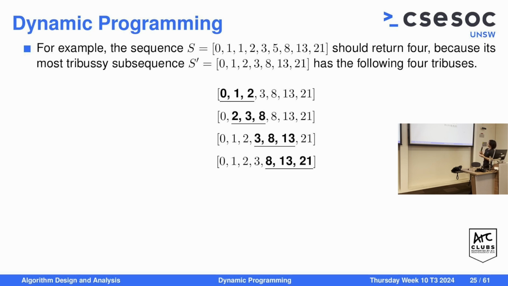This should return 4, because the most tribusy subsequence is going to be S prime, which is 0, 1, 2, 3, 8, 13, 21, which has the following 4 tribuses: 0, 1, 2; 1, 2, 3; 2, 3, 8; 3, 8, 13; 8, 13, 21. You can see that for each tribus, there might be other things that are not in that tribus, but still in the subsequence. And you can see that there are 4 tribuses in here, and this is the most tribusy subsequence of S.